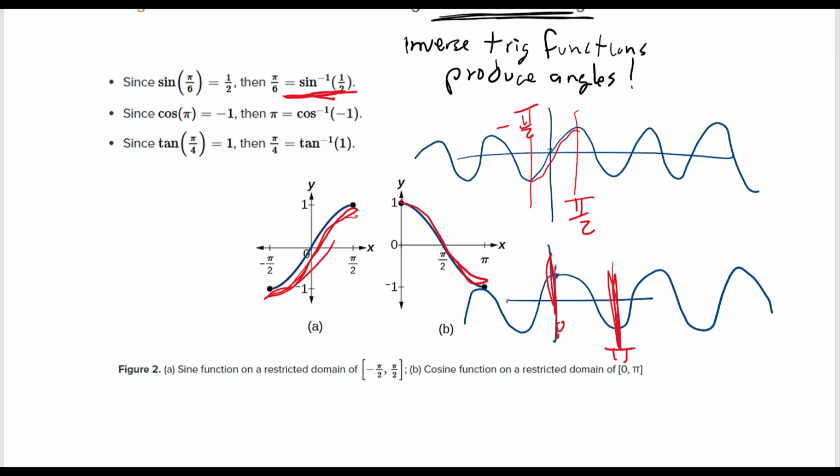We don't have to worry about something right there, or here, or here, or here, for that matter. We're just worried about it being right about there. Okay, so that's what this is saying here. This graph is the sine function on a restricted domain of -pi over 2 to pi over 2, and the cosine function on the restricted domain of 0 to pi.